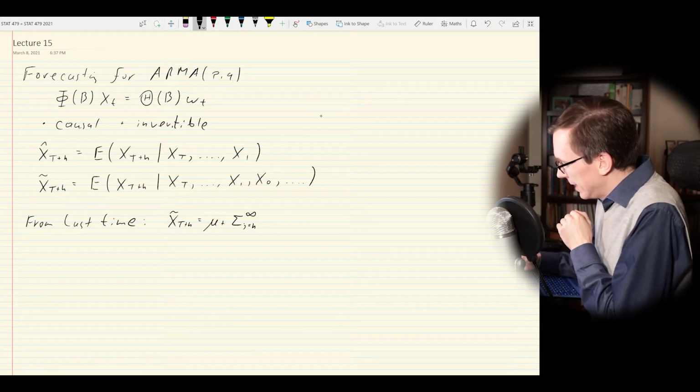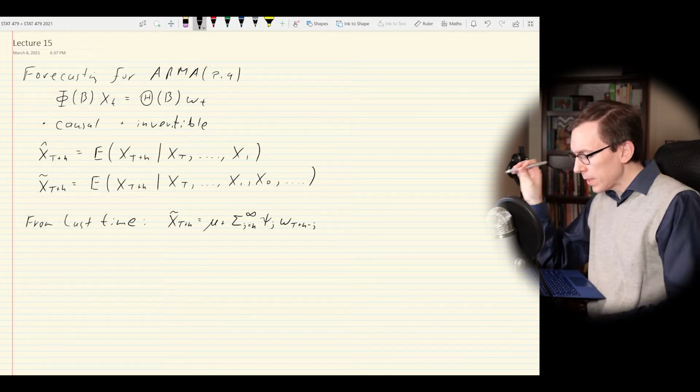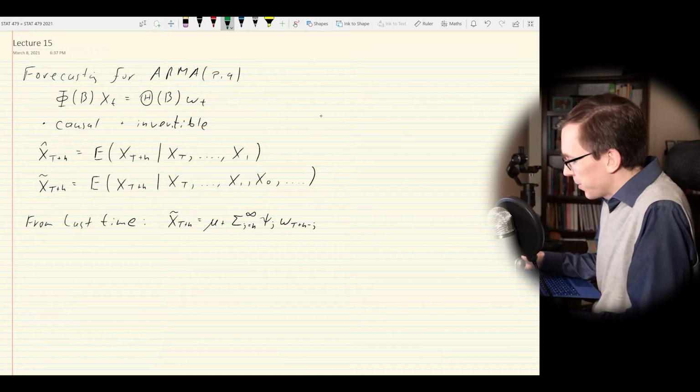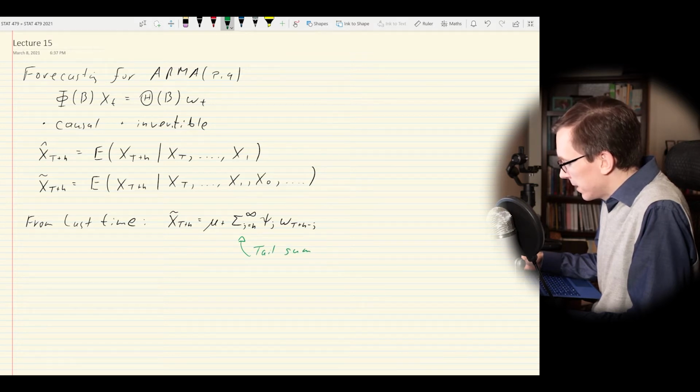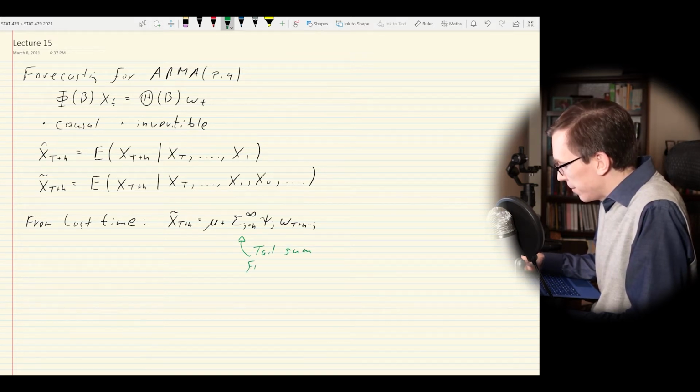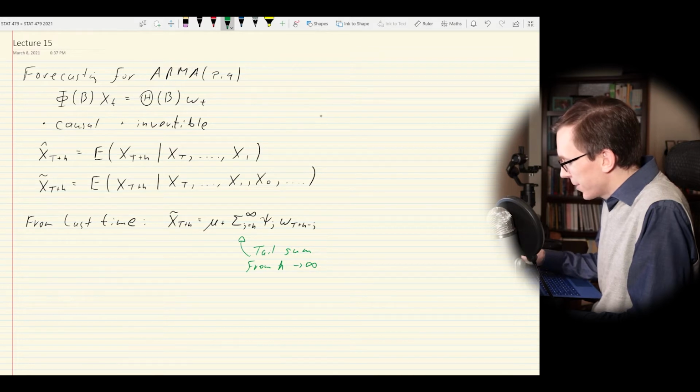And we're taking psi_j w_{T+h-j}. So the point is that, as we noted last time, this is a tail sum from h to infinity, because h is not converging to infinity, so I shouldn't use an arrow there. I should just say h to infinity.